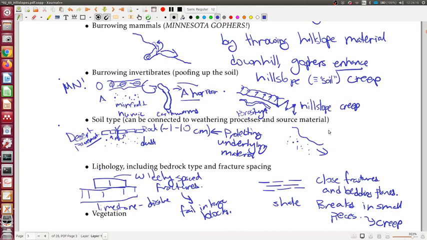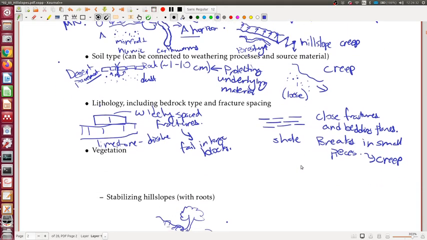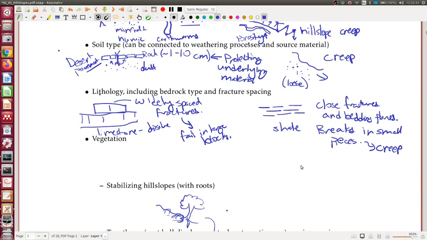Add a little creep right here. Lithology does as well. So if we have big blocks versus having something like a shale that breaks into teeny tiny pieces that can gradually creep down the slope.